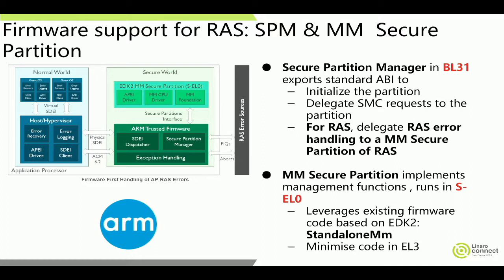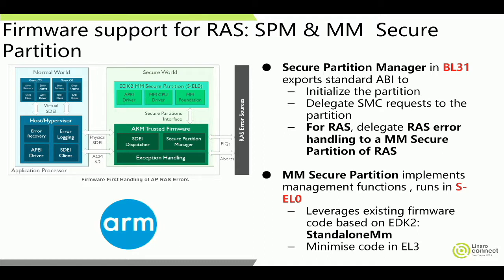One is the secure partition manager, which executes in EL3 and is BL31 in Trusted Firmware. The other part is the MM secure partition, which we have implemented in EDK2 standalone MM.